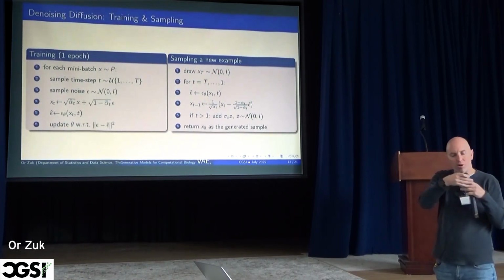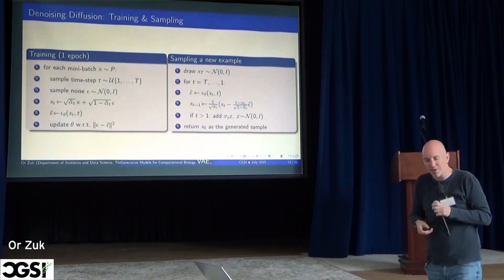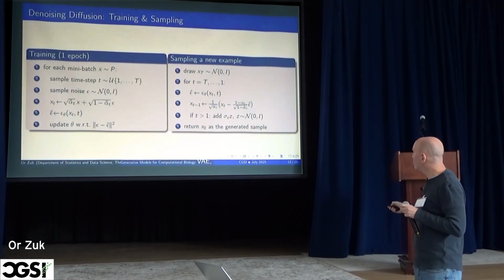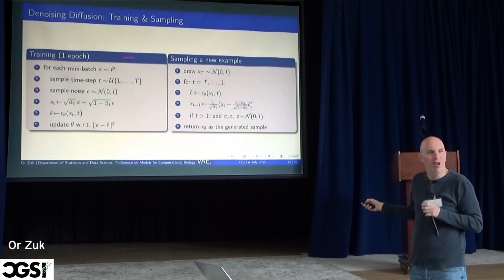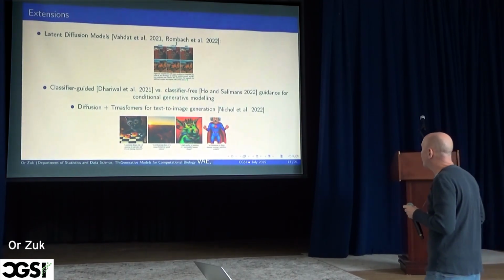So you go through all the T steps of the neural net, and you denoise it in very, very small steps. While this is straightforward, you can imagine that it's computationally intensive because you have many small steps here.